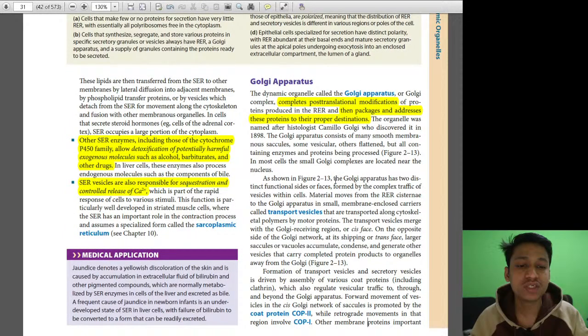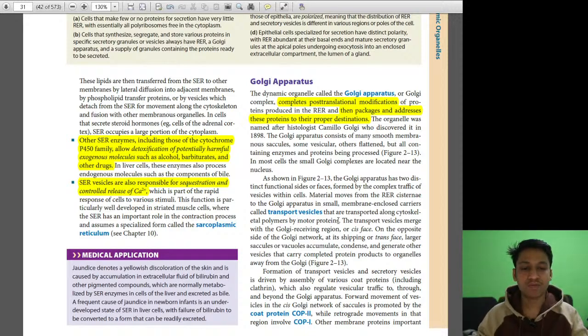As shown in figure 2.13, the Golgi apparatus has two distinct functional sides or faces formed by the complex traffic of vesicles within cells. Material moves from the rough endoplasmic cisternae to the Golgi apparatus in small membrane-enclosed carriers called transport vesicles that are transported along cytoskeletal polymers by motor proteins.